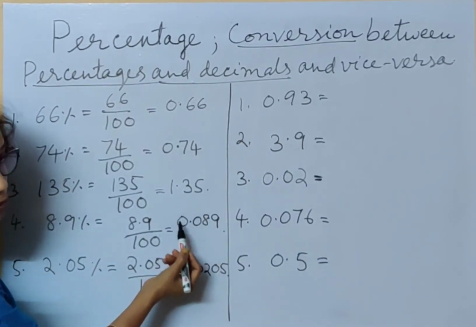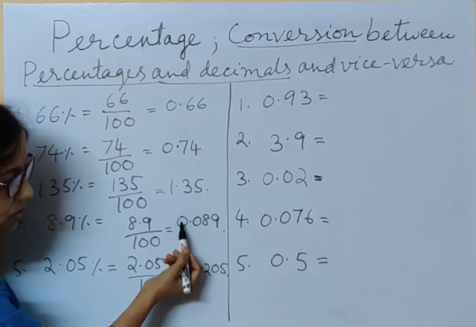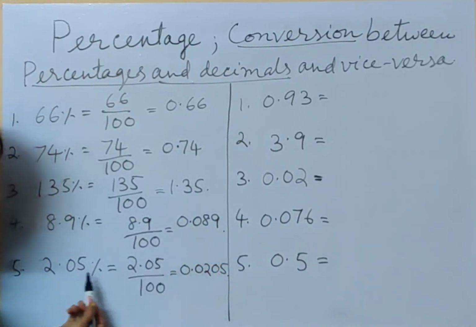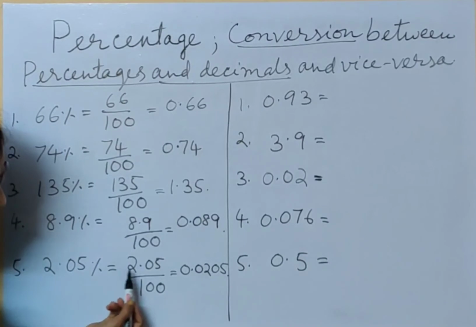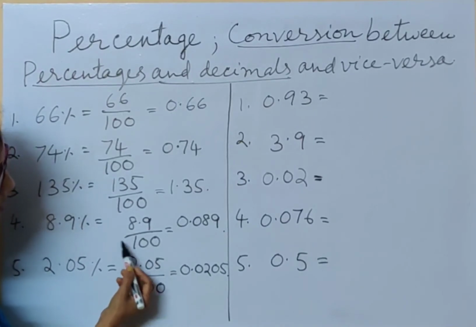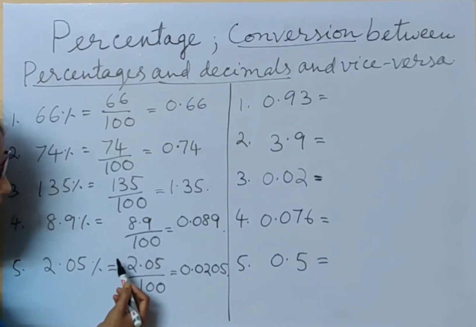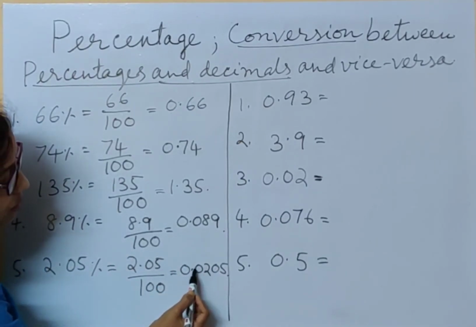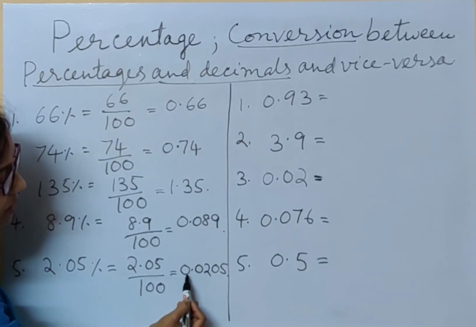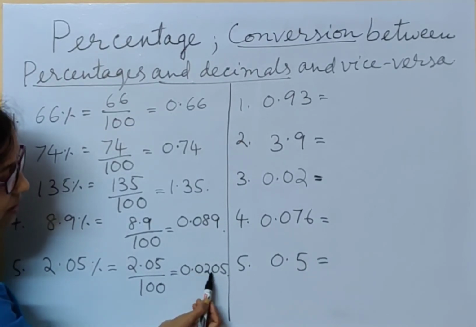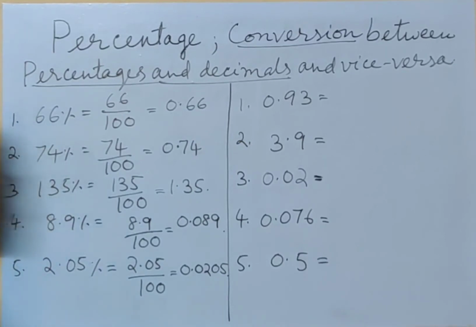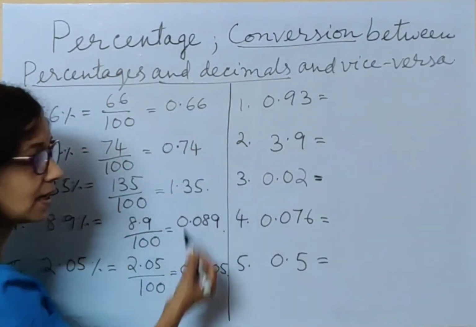So the point is shifted 2 places to the left. So 0.089. Next 2.05%, that is 2.05 by 100, dividing by 100. So the decimal point has to move 2 places to the left. So our answer is 0.0205. I hope this part is clear with you.